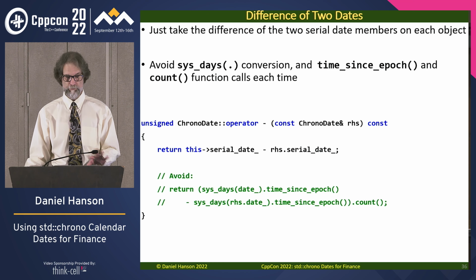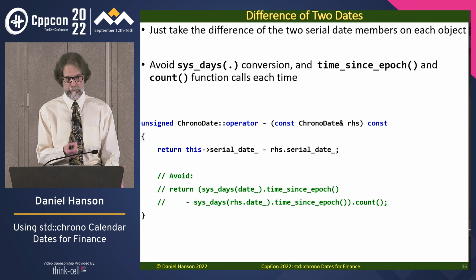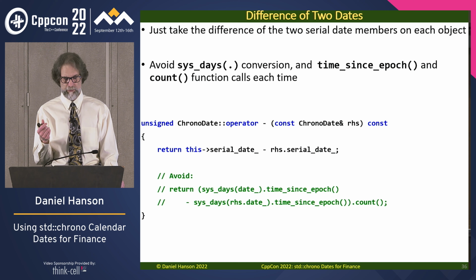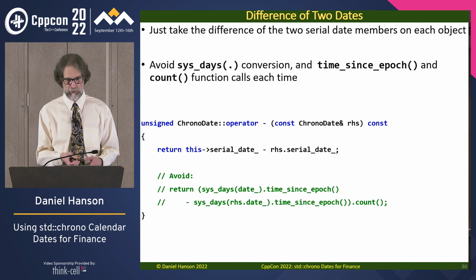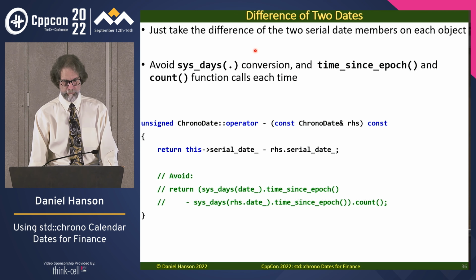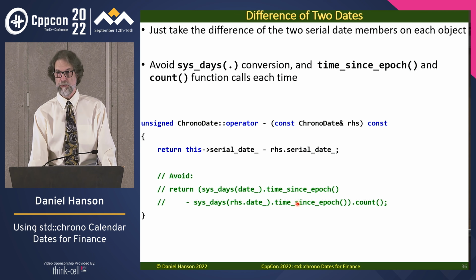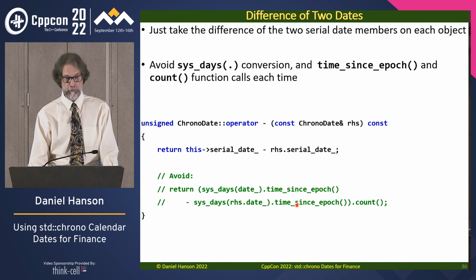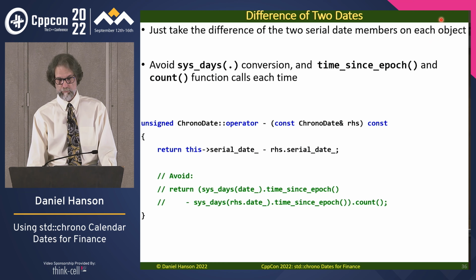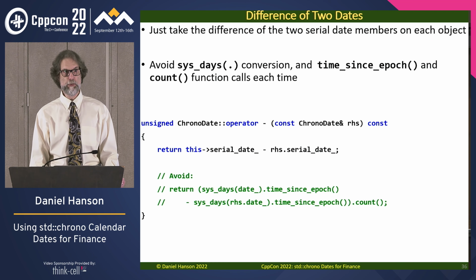All right, so the serial date on the one date and the one that we're subtracting. This way you can avoid these function calls. I don't know if there's really a big performance issue here or not, but the code is cleaner. And also just in general, in financial programming, this is usually what's done.